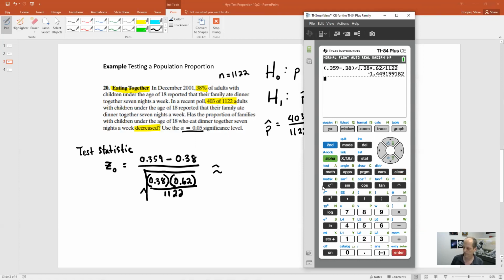Right, so we're going to say it's roughly equal to negative 1.45.